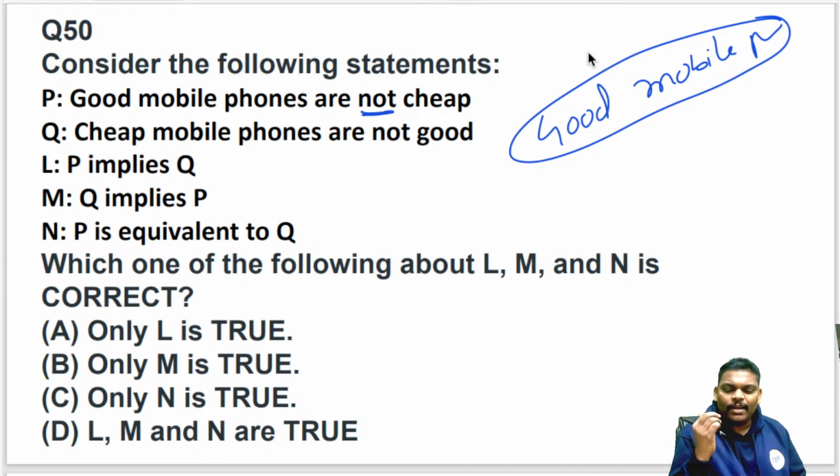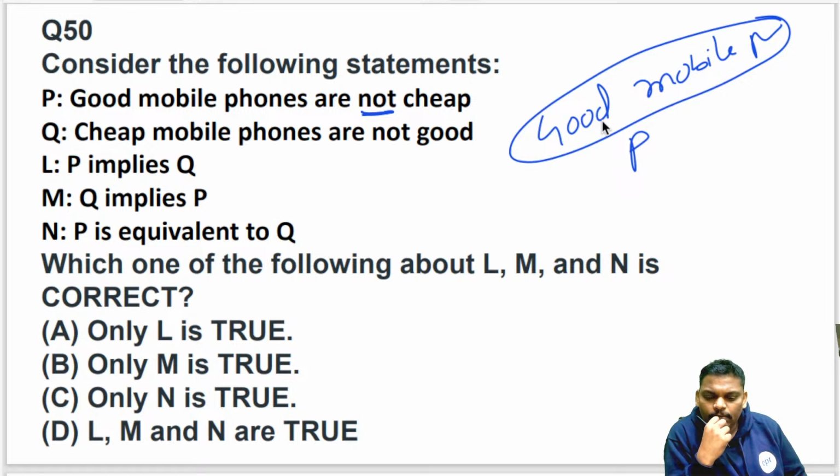So can you help me? Good mobile phones are not cheap. That is P. Can we divide P further?